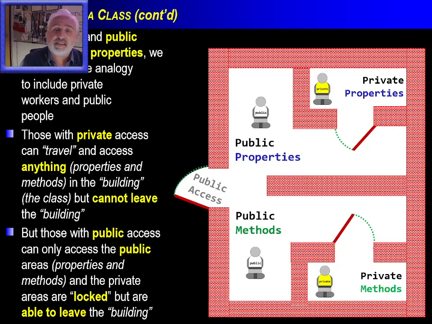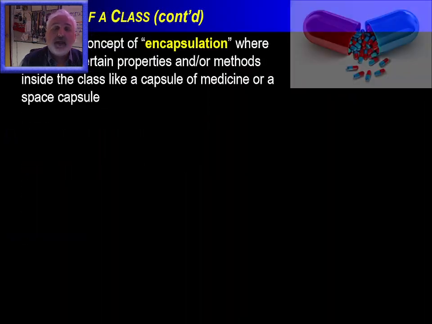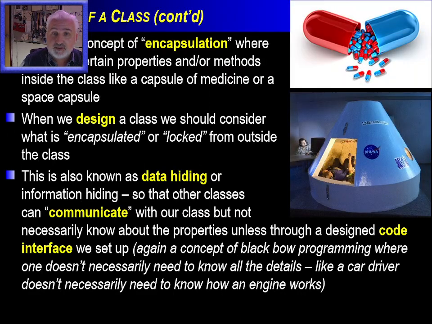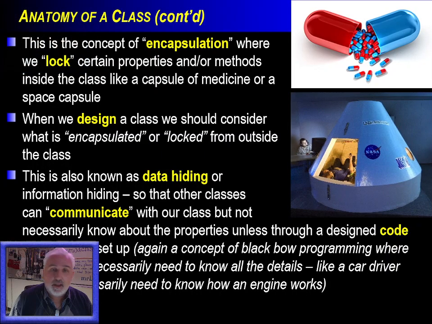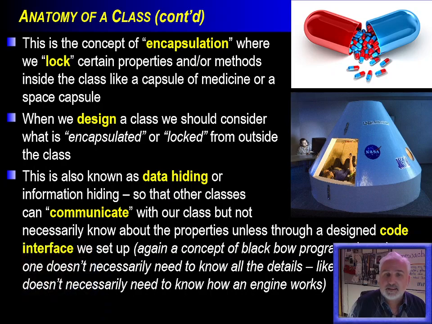This is an analogy that I use to draw the idea between public and private in the 30S computer science course. It relates to the concept of encapsulation, where you can encapsulate or lock something inside, which is what a private property would do. I drew analogies to capsules in cold remedies that lock things inside.